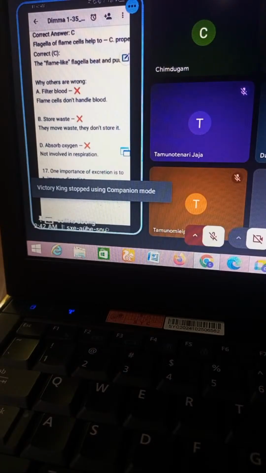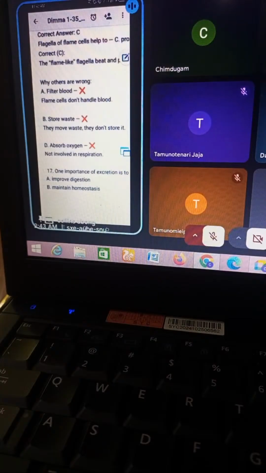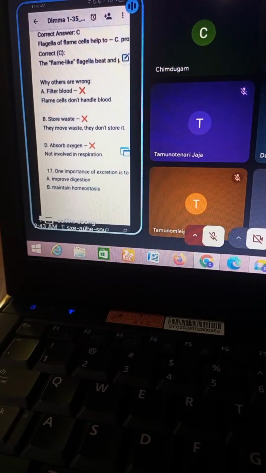So when you see flagella... enter blood.